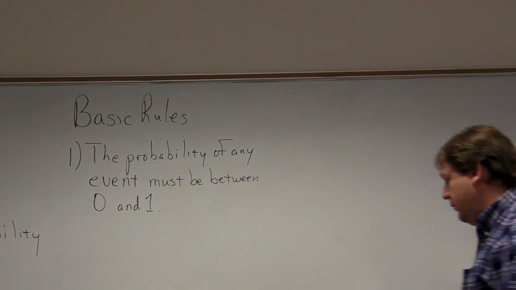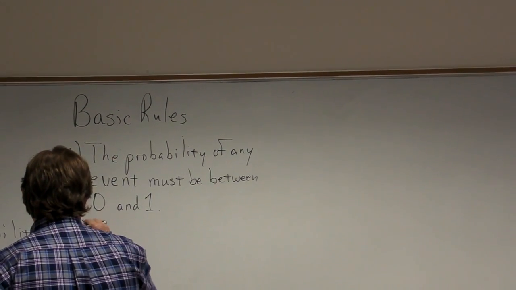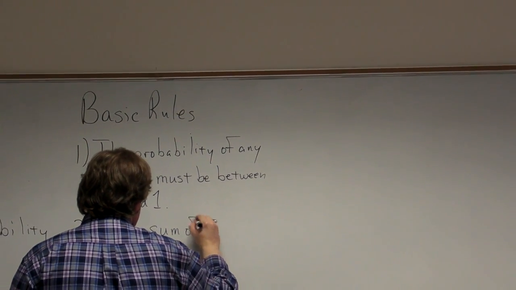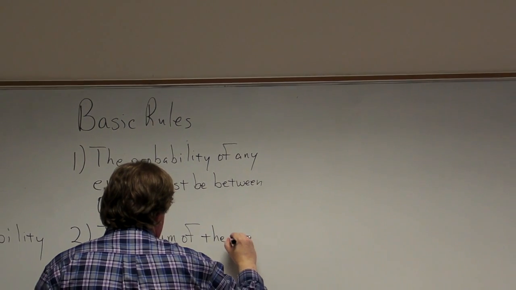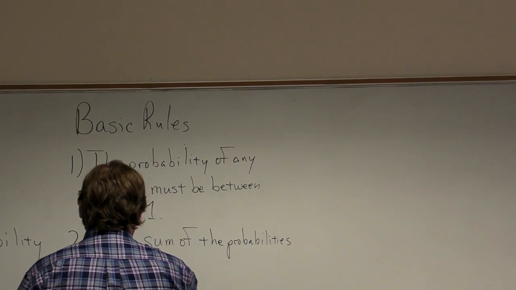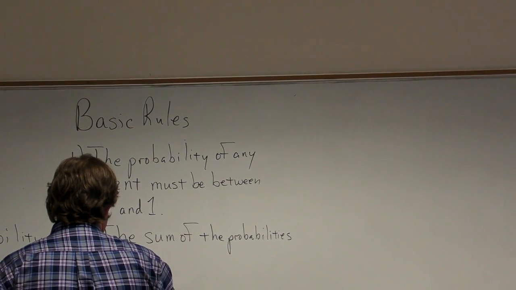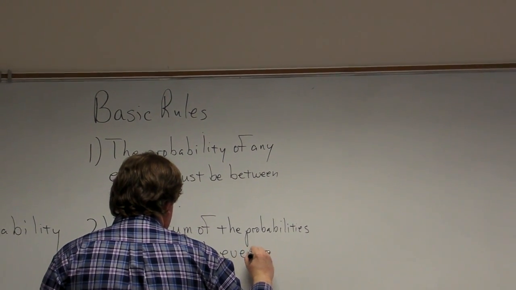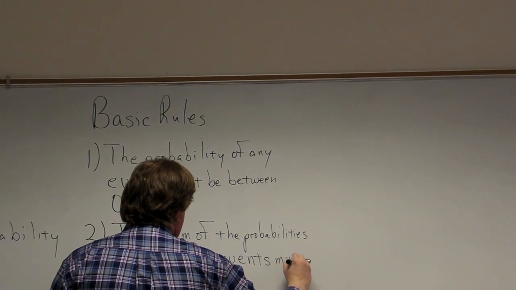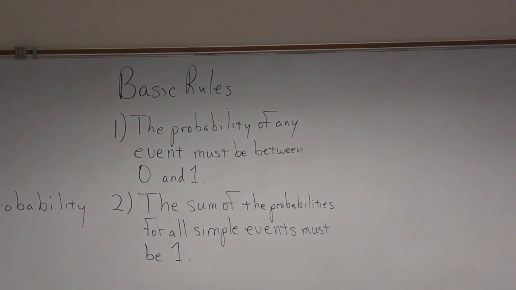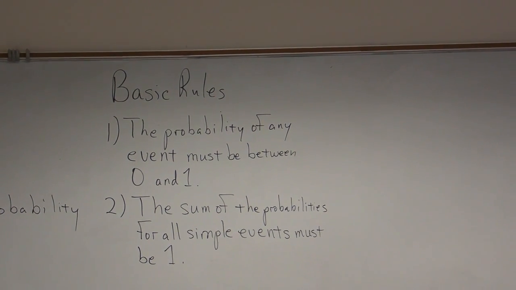So we have that. Our second rule says the sum of the probabilities of all simple events must be 1.